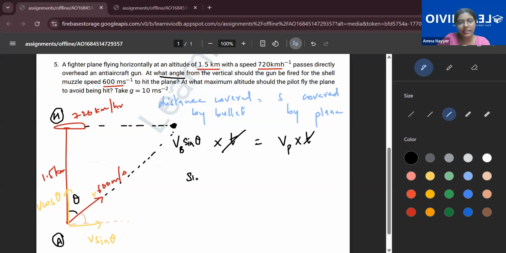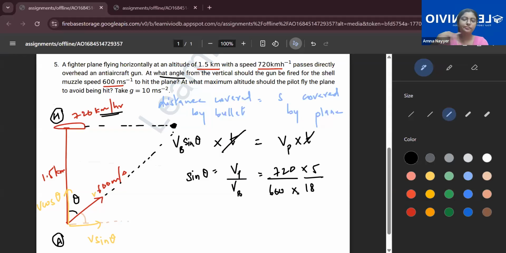Now look, sine theta will be velocity of the plane divided by the velocity of the bullet. But one more thing, you cannot take 720 here because this is in kilometer per hour, and this is in meter per second. So this will be 720 times 5 by 18 divided by 600. This zero gets cancelled, 12, so 30, then 1 and 3.